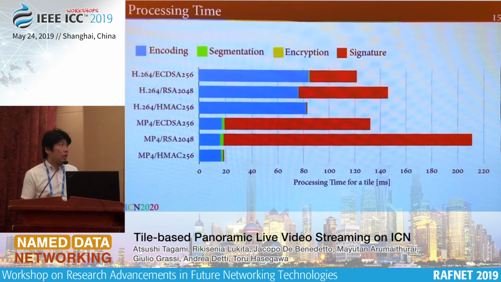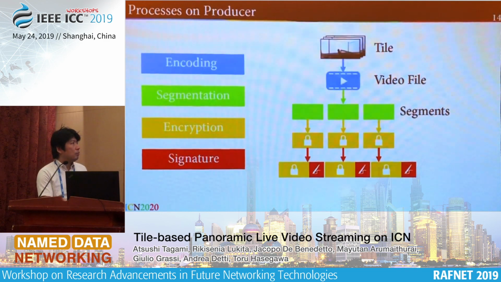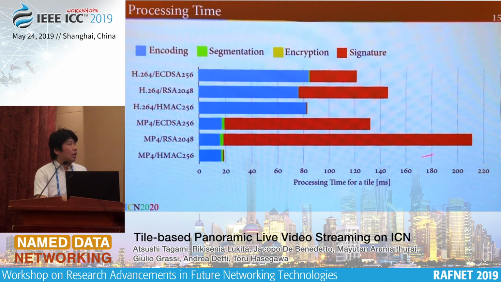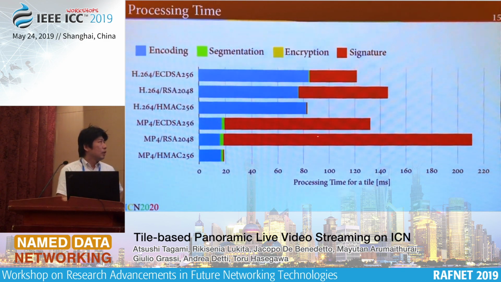MP4 requires small encoding time, but the size is not small. So there are many segments, and within segments the producer should sign many packets, and then the processing time became longer than H.264.